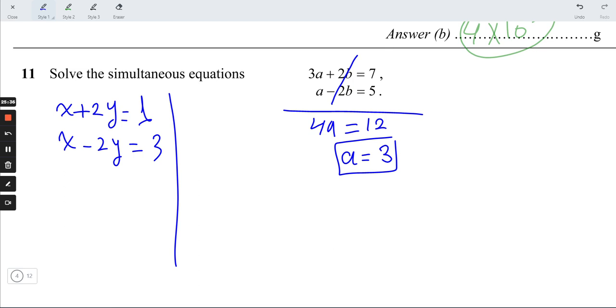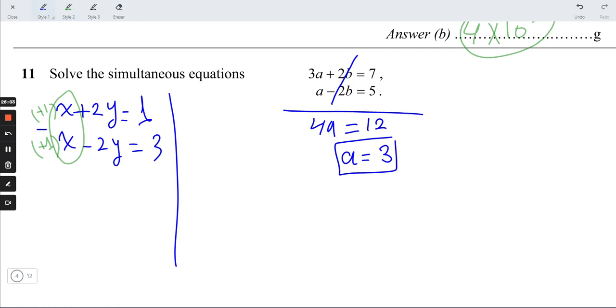Now, if you are going to eliminate any of these two variables, you should use addition or subtraction, depending on the case. If you want to eliminate the variable x here, in front of x here is a positive 1, and in front of x here is also positive 1. So they are equal in coefficient. So you can delete x by subtracting the first equation from the second equation.